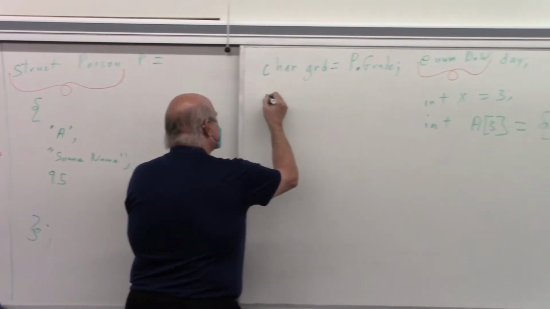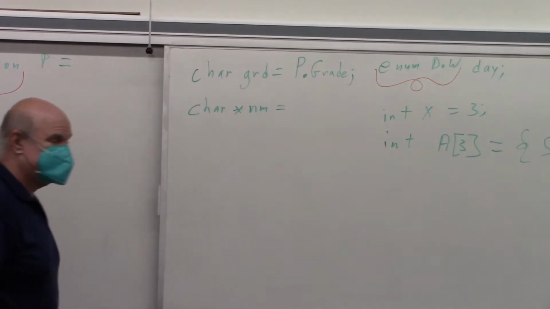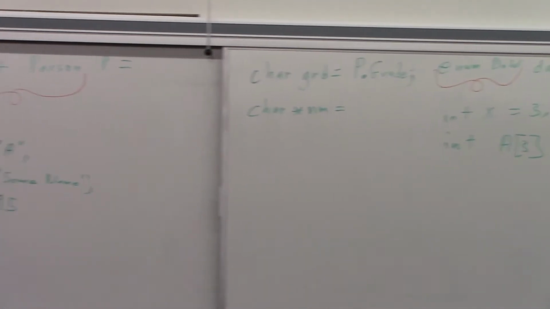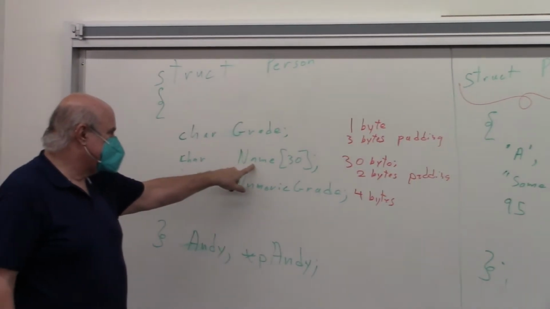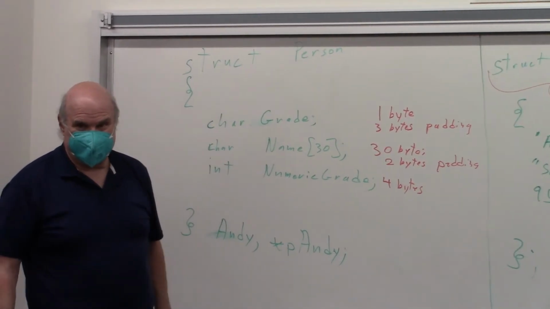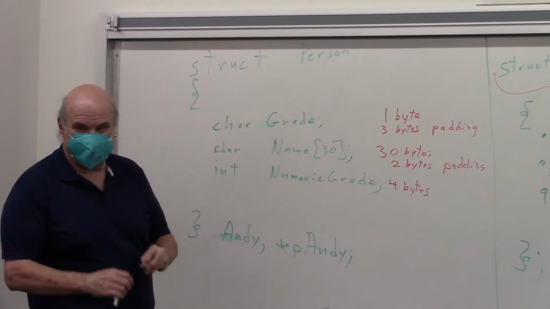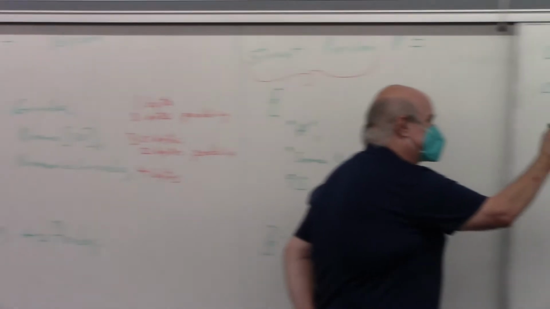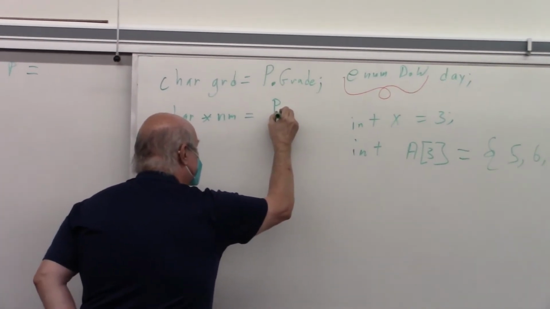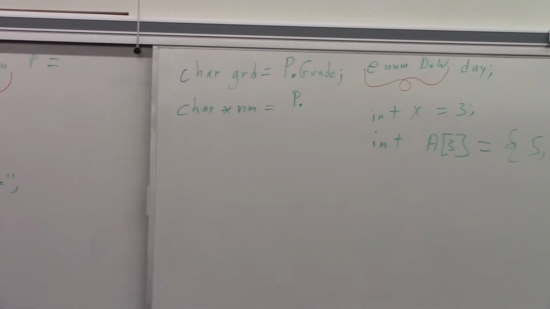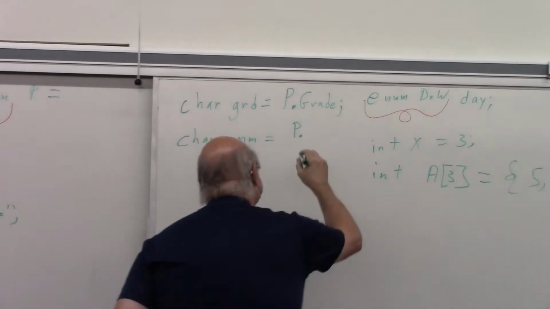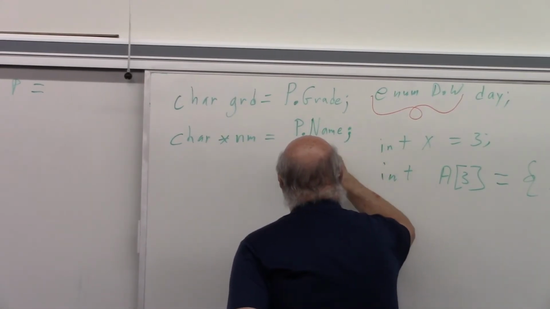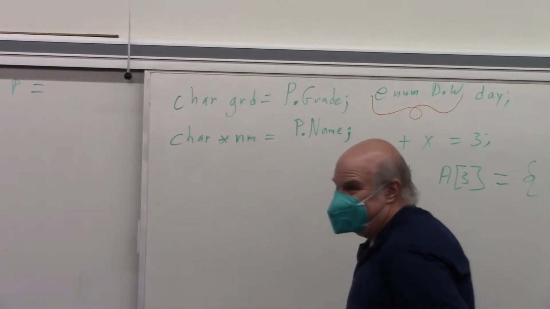So let's suppose we wanted to assign a pointer to the subfield name inside the variable P. How do you think we would do it? Here, we'll do the easy part. What do you think follows the period? Name. And then you add an ampersand before it, right?